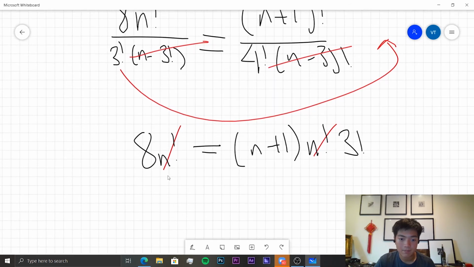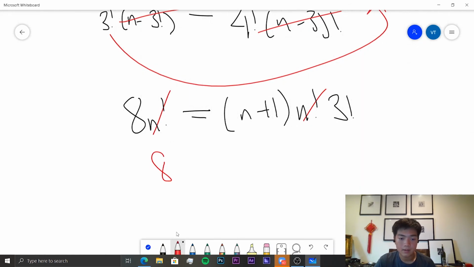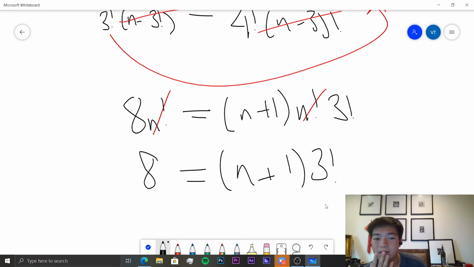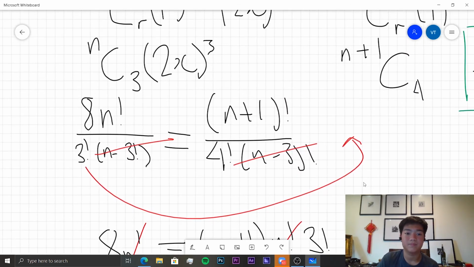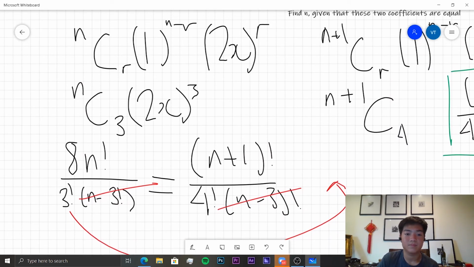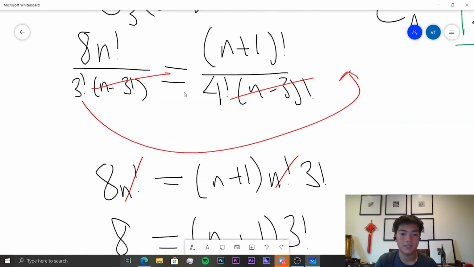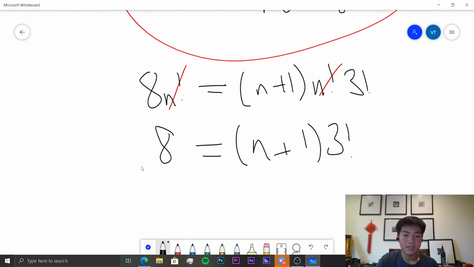So we have 8 is equal to n plus 1 times 3. Have I made a mistake? Oh, but I forgot the 4 factorial on this side, so it would be 8 times 4 factorial is equal to n plus 1 times 3 factorial.